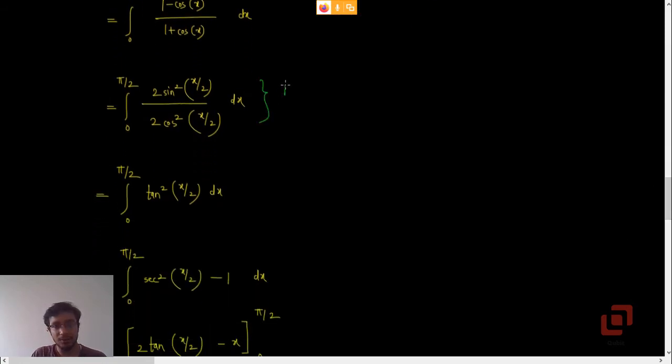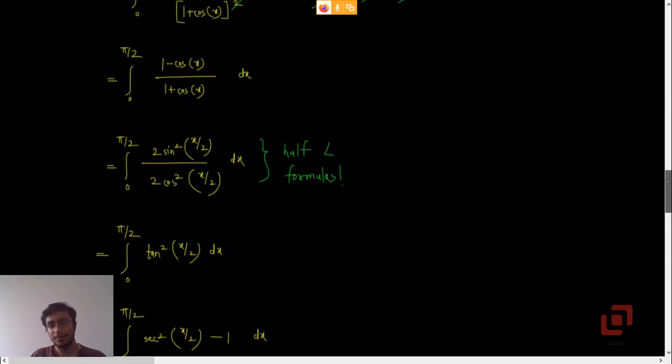Use half angle formulas. Okay, so numerator 1 minus cos x will be 2 sin squared x by 2. Denominator 1 plus cos x will be 2 cos squared x by 2. Yes, cancel 2. So you have now simplified your integrand to tan squared x by 2.